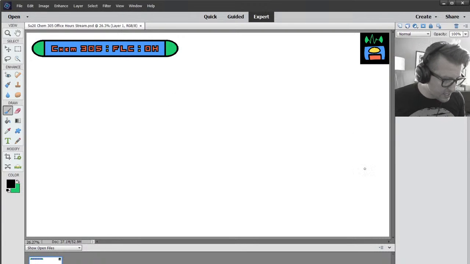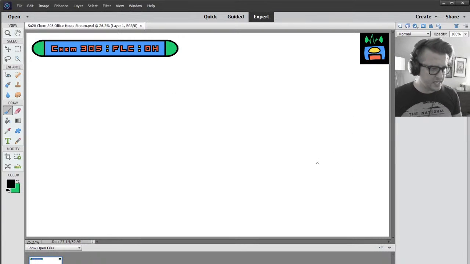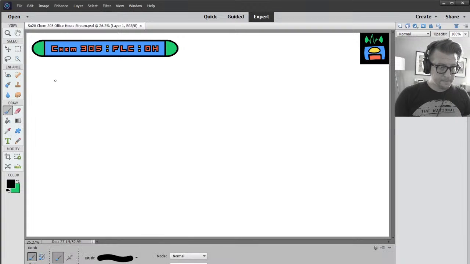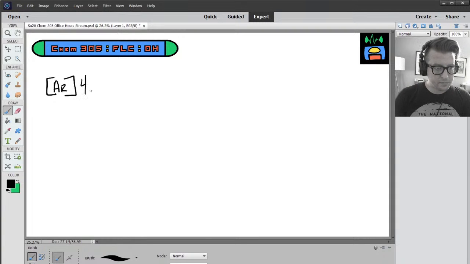All right, so the question is, what element has the following electron configuration? The electron configuration given has an argon core, and it's 4s2, 3d10, 4p4.